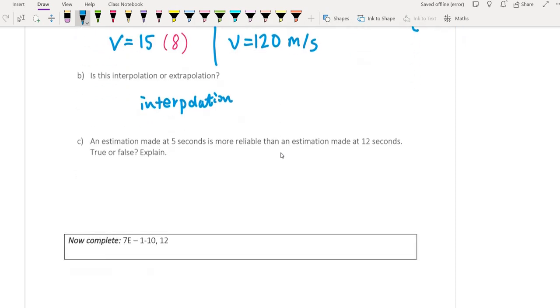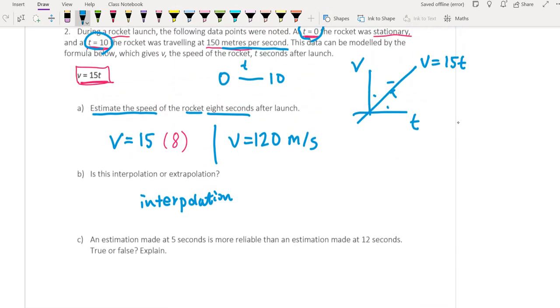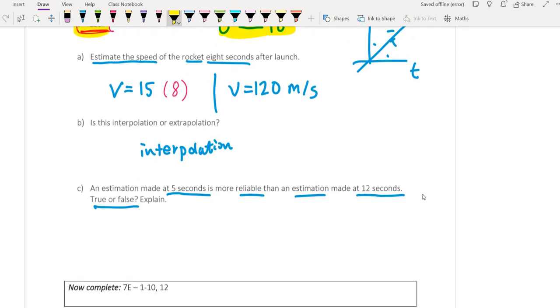All right, and the last question says an estimation made at 5 seconds is more reliable than an estimation made at 12 seconds. True or false? Again, because our data range that we made this equation based off of is going from 0 to 10, anything within that is interpolation, making it more reliable, more accurate.